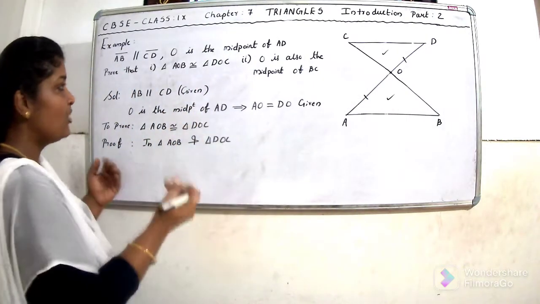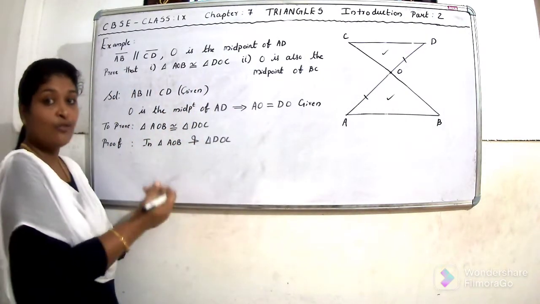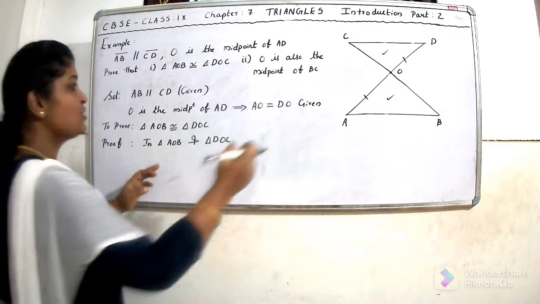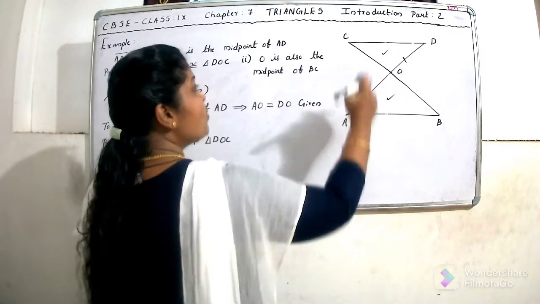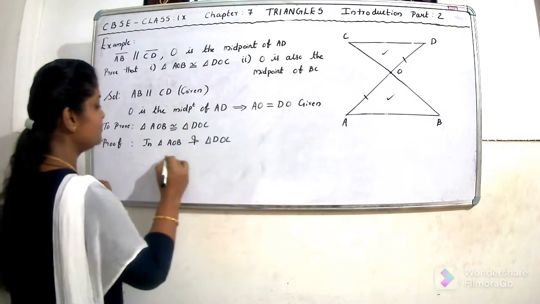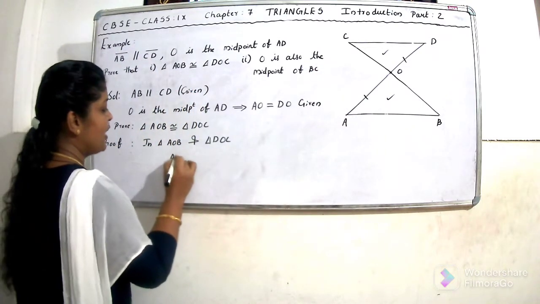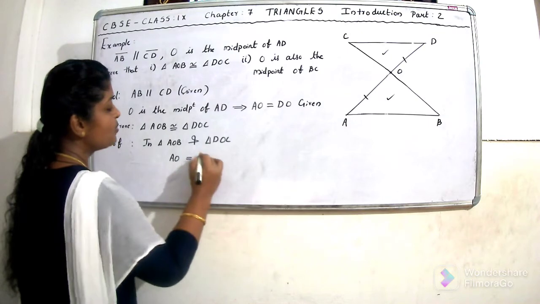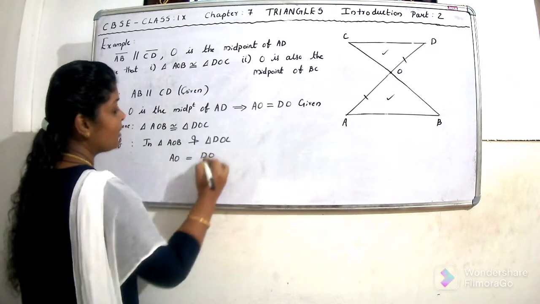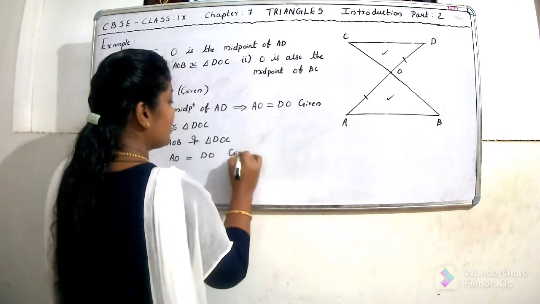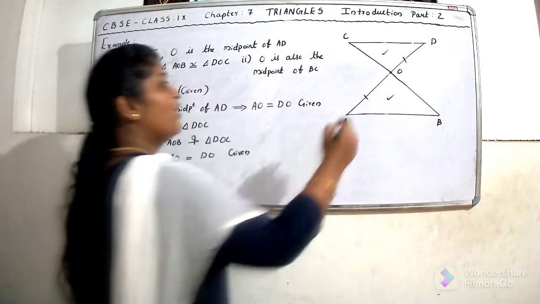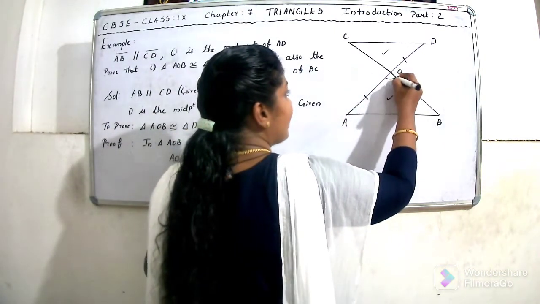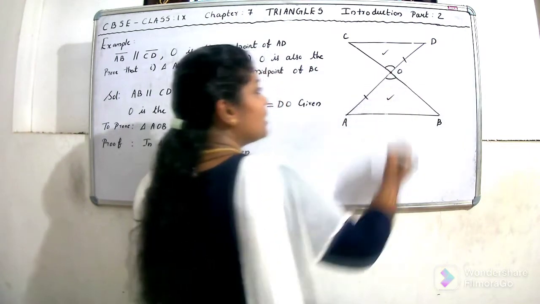Now we have to check what information they have given that is helpful to us. In this triangle we can say AO is equal to DO, which is given. Then we know this angle and this angle are equal.